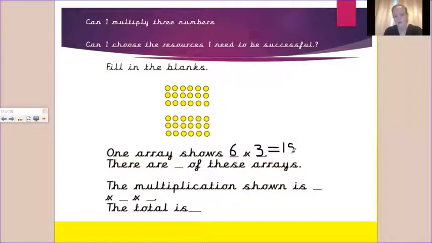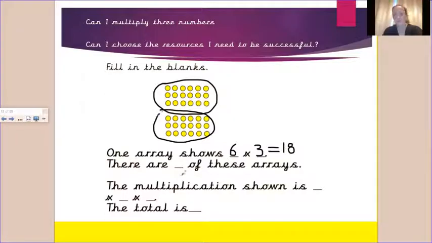So we've got 18 here, and there are 2 of these arrays. We can see there's one there and there's one there, and they are the same.